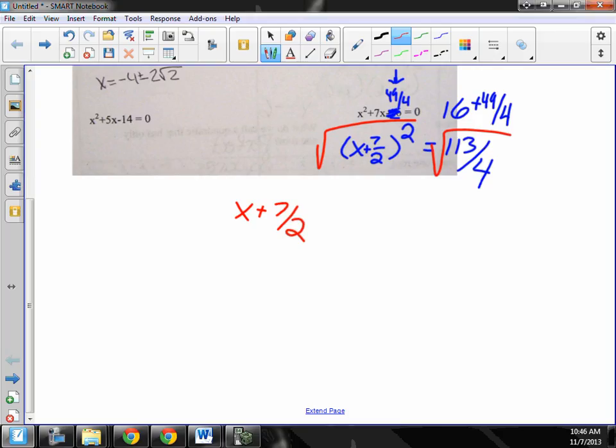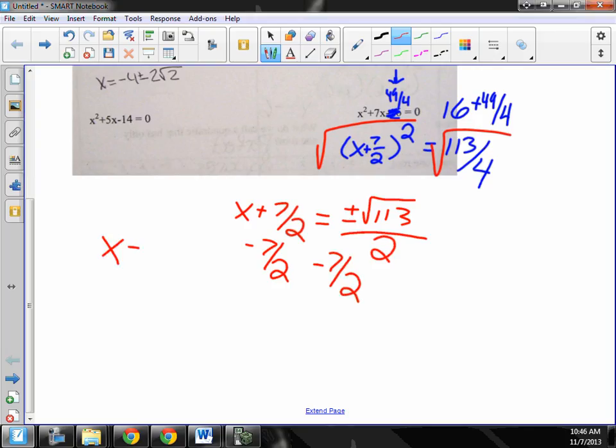Okay, it's prime. 113 is prime, so this equals plus or minus the square root of 113 over, what's the square root of 4? 2. Now I subtract 7 halves and subtract 7 halves. So x equals negative 7 plus or minus root 113 over 2.